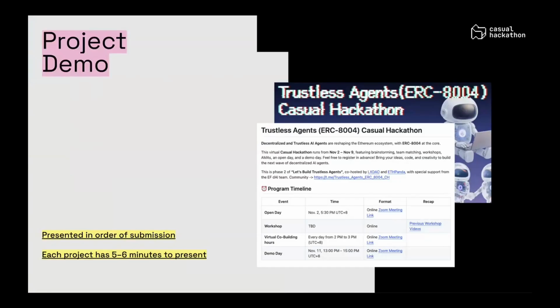Each team will present in order of project submission, and each team has 5 to 6 minutes: 5 minutes for the presentation and 1 minute for the judge Q&A. As time is about to end, our community member will give a reminder in the chat box, so you need to notice it.